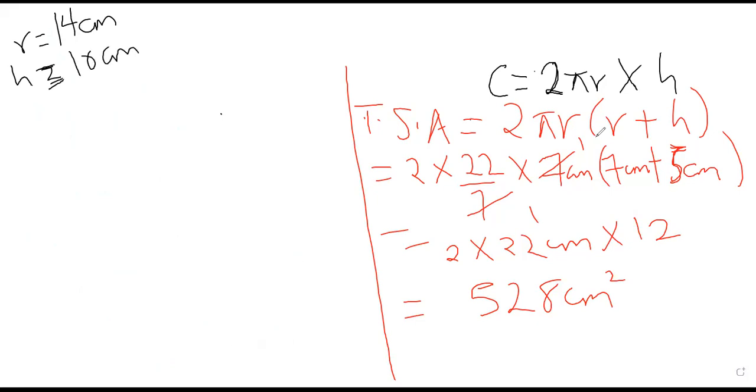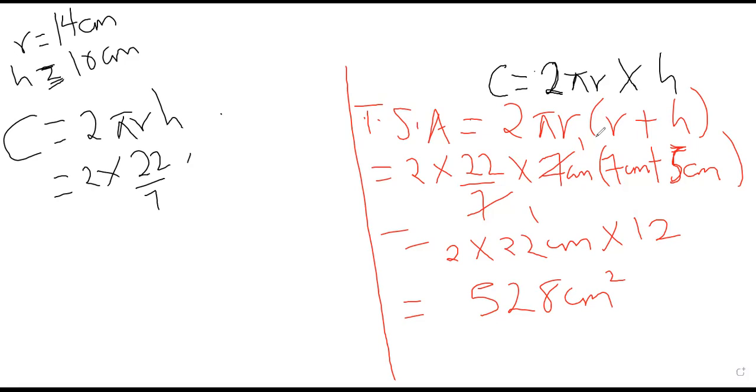Now, our lateral area, which is the C, is equal to 2 pi r h, so 2 multiplied by 22/7 times the radius, 14 centimeter, multiplied by the height, 10 centimeter. Now 7 over 7, and 14 over 7 is 2.